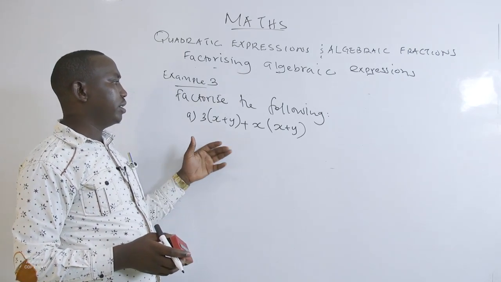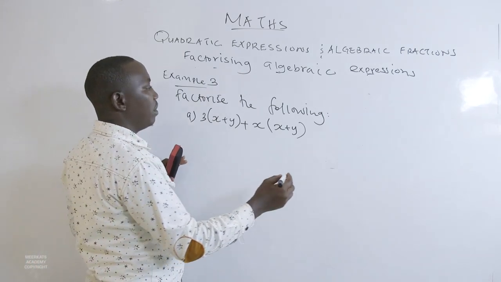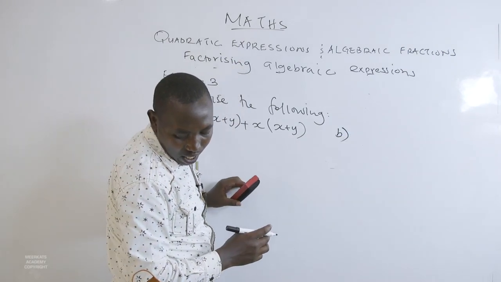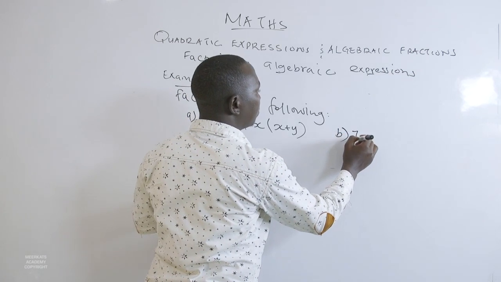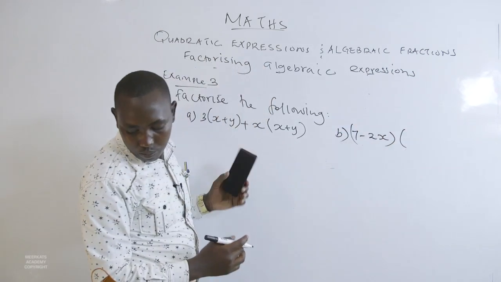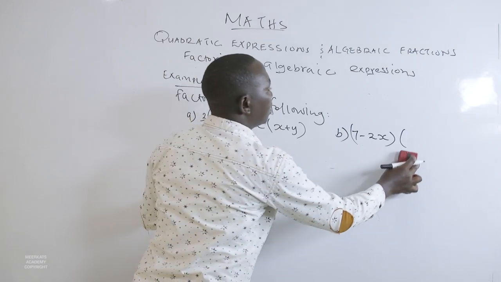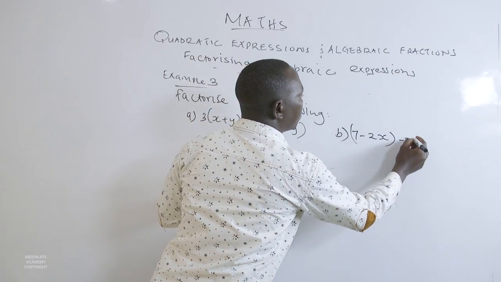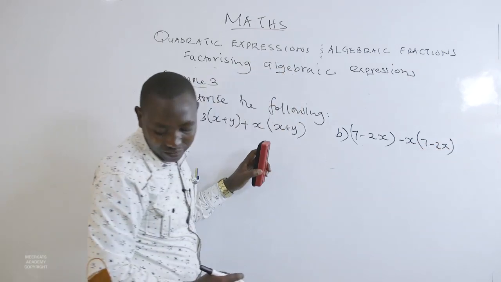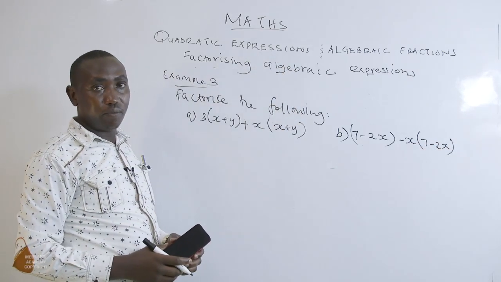Now look at this. Let me have b first. Our b says 7 minus 2x minus x into 7 minus 2x.